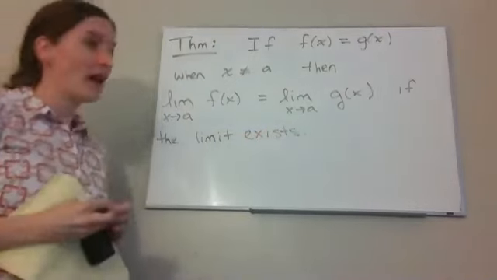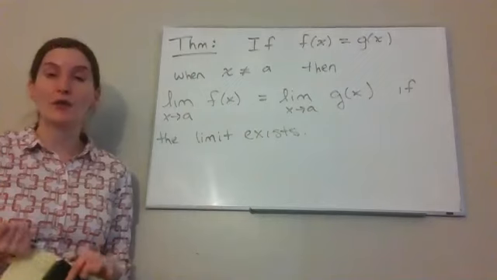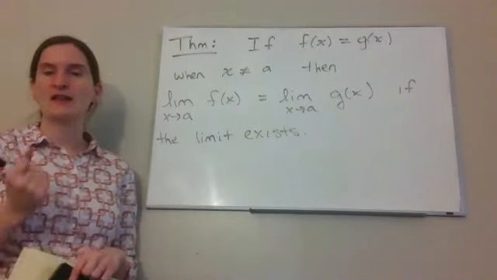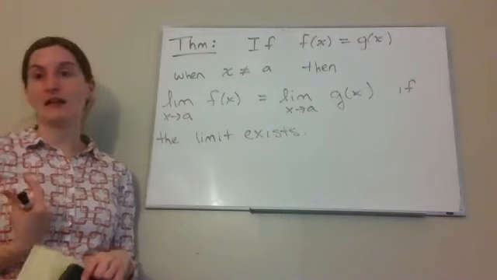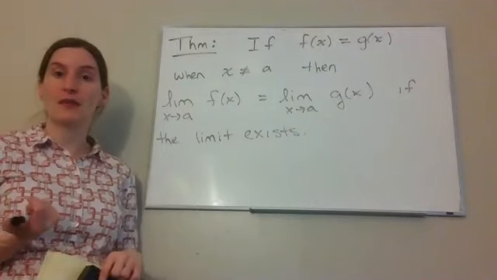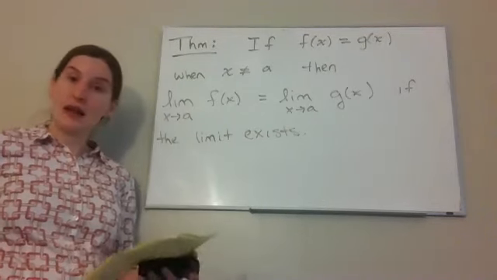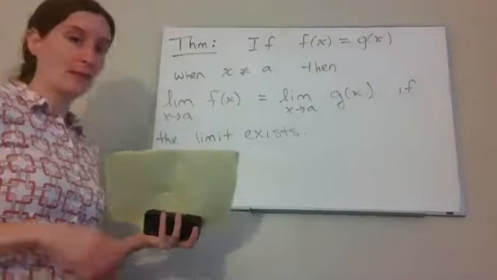So what this is saying is if two functions agree everywhere except for at x equals a, then they still have the same limits as x approaches a, as long as the limit actually exists. So we're going to use this theorem to do our next example of evaluating a limit.